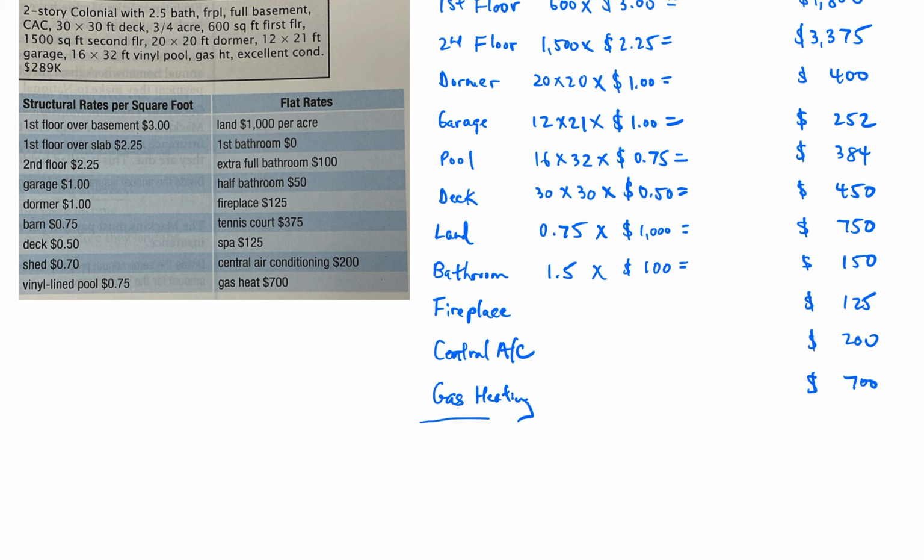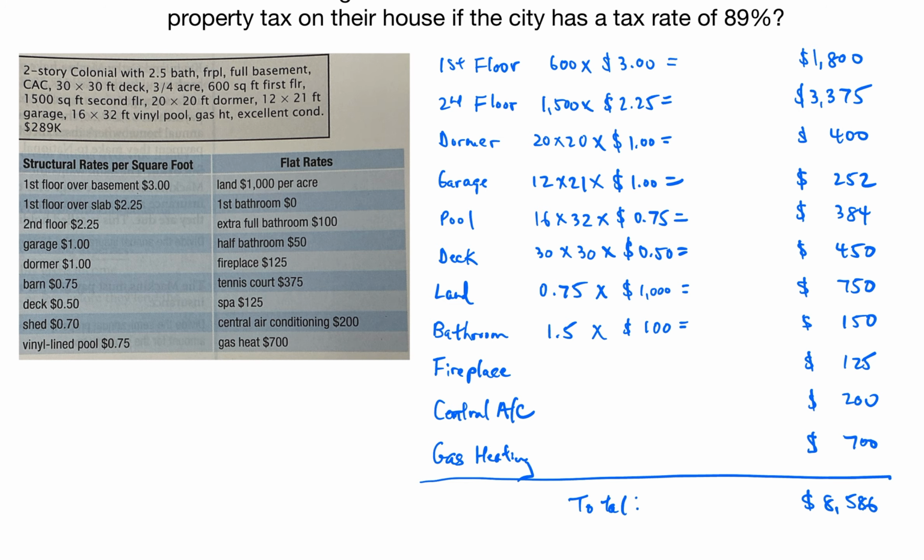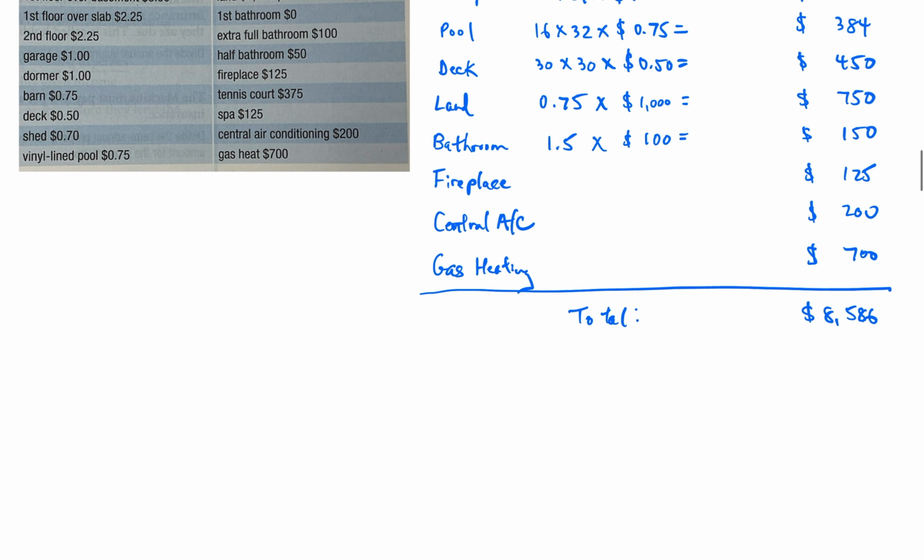All right, so now we're going to go ahead and add all of this up. And the total works out to $8,586. Okay, that's the total, but that's not the assessed value. Because remember, in the description here, the city has a tax rate of 89%. So we're going to take 89% of that.